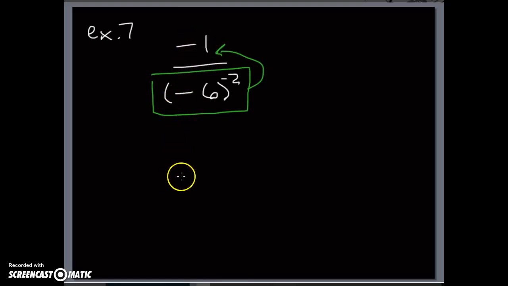Already in the numerator is a negative 1, so I've got negative 1 times negative 6 to the positive 2nd power. Now I can go ahead and do order of operations here. So I'm going to take my exponent, and then I'll multiply it by a negative 1.